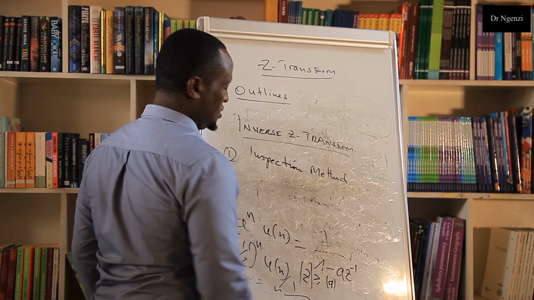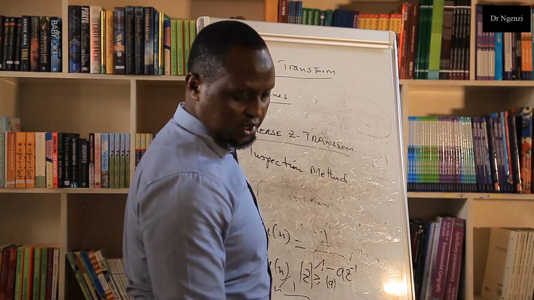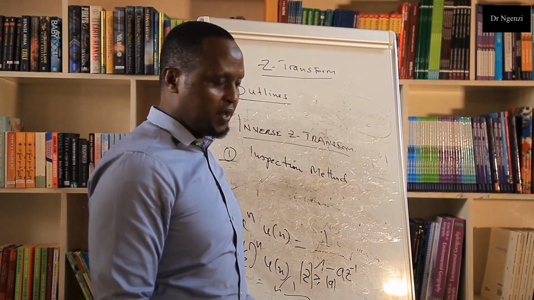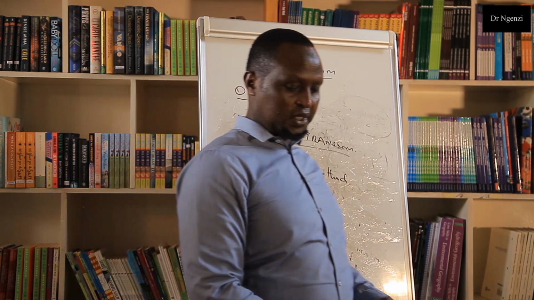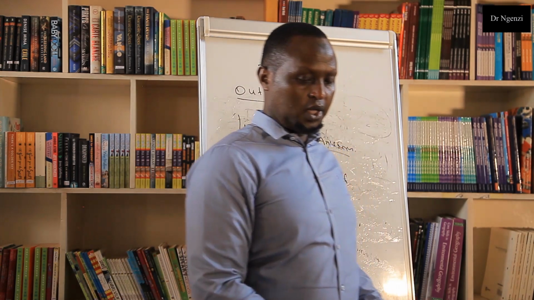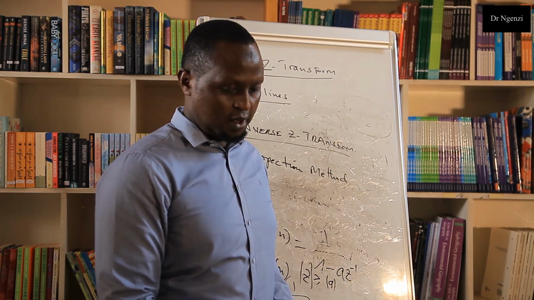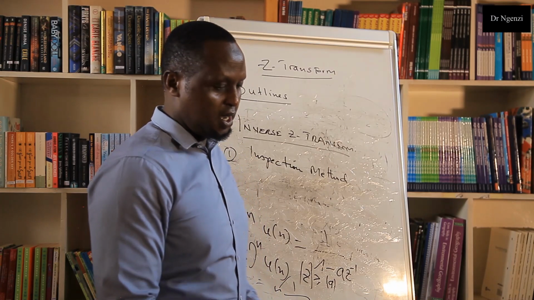So this is also true. This is the technique that we are using. So suppose you are given any number and you want to convert it to a Z transform, you can easily get it.